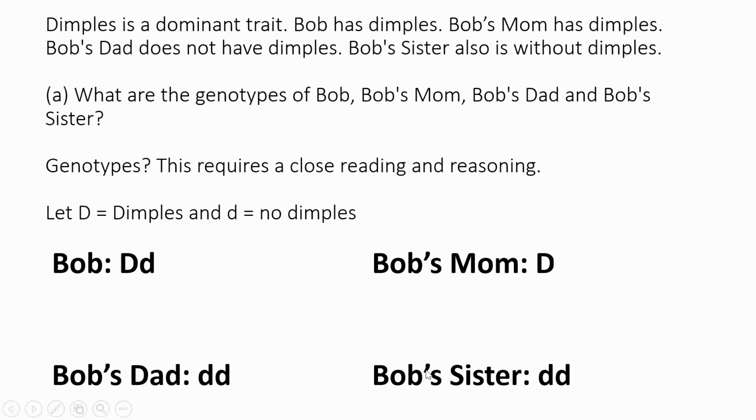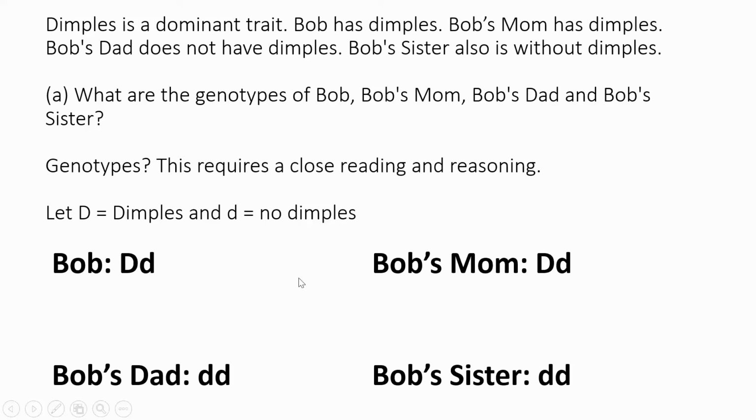Cool. Similarly, Bob's sister gets two recessive alleles. We know the mother has to have a dominant allele, but for Bob's sister to get two recessive alleles, Bob's mom also has to have a recessive allele. So we have that Bob and Bob's mom are heterozygotes, and Bob's dad and Bob's sister are both homozygous recessive. This is the answer to part A.